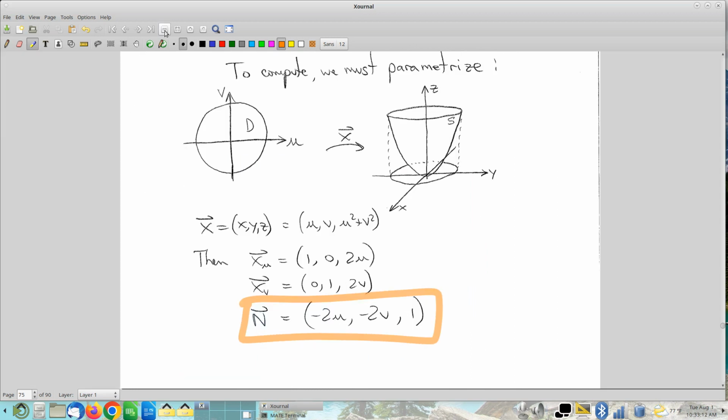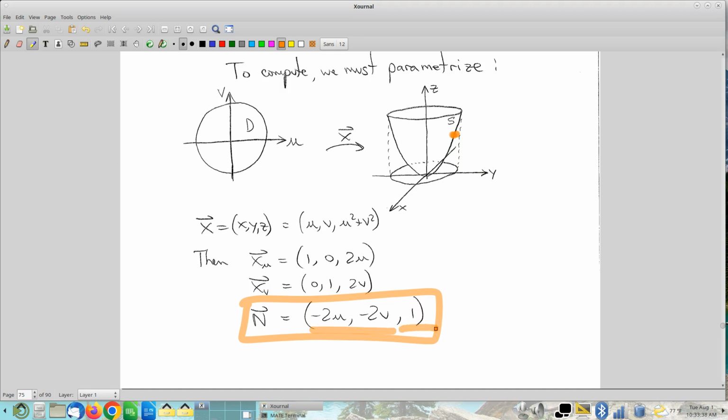This vector, capital N, let me draw what that looks like. I'm going to draw it at, let's say, a point about right there on the graph. This capital N vector, there's an arrow for every point on the graph, but I'm just going to look at one. And which way does it point? Well, a couple of different ways you can think about this. This suggests that it points back toward the z-axis.